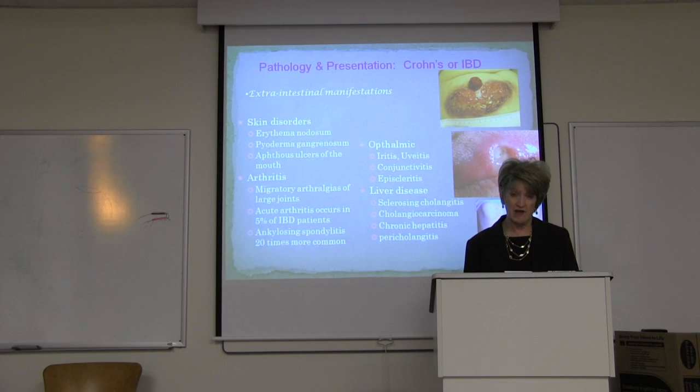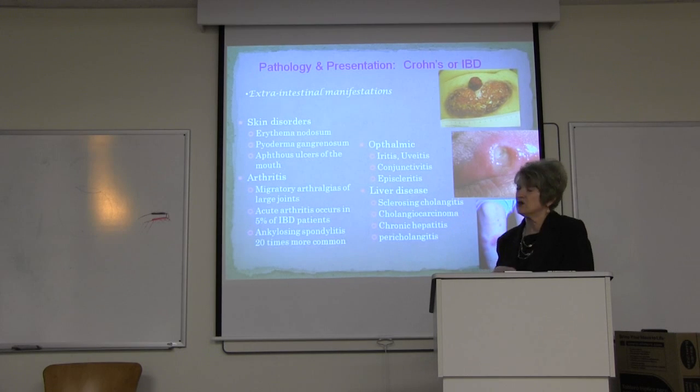But it can involve other organ systems as well. So in order, probably the complication we're most likely to see are skin disorders, pyoderma gangrenosum being number one. We will come back to pyoderma gangrenosum when we talk about peristomal complications. We'll talk about that in a lot of detail.